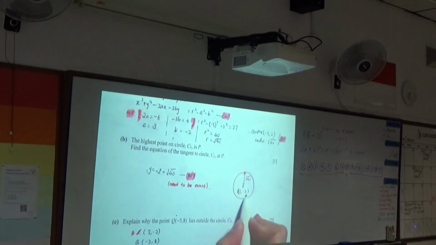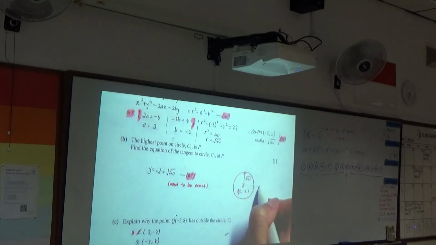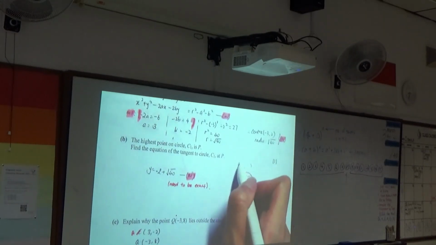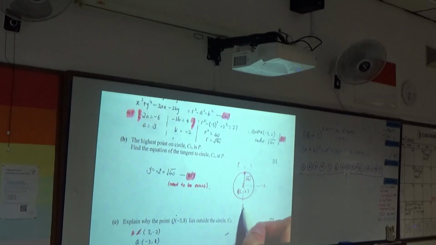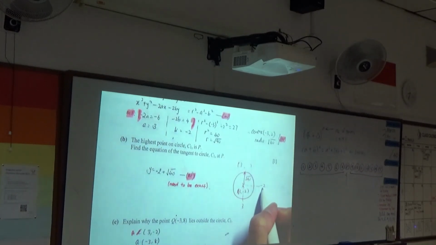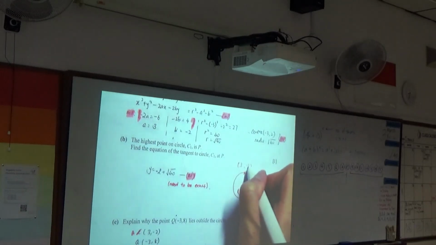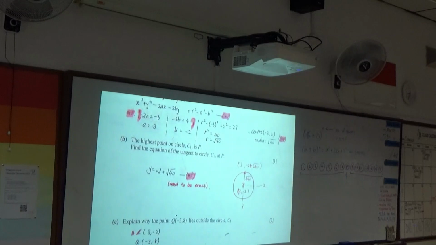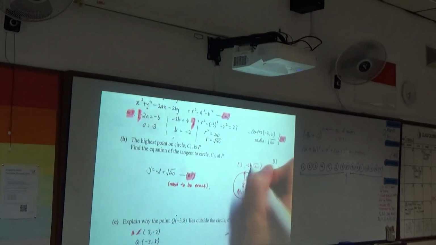With the center 3, -2, the x coordinate is 3 and the y coordinate is -2. If I want to find the coordinates of P, it will have the same x coordinate 3, and the y coordinate will be -2 plus square root 40, because we are going upwards by square root 40 units.